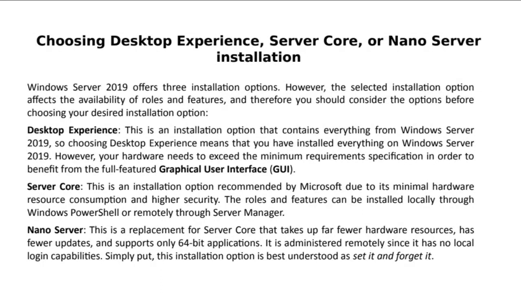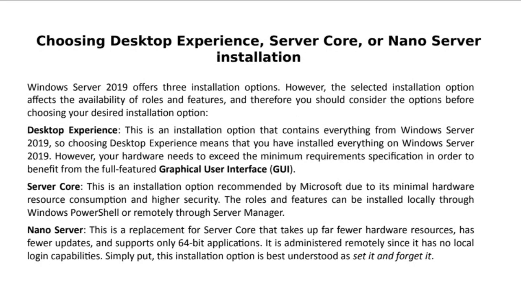So we have the desktop experience. Desktop experience has everything. So everything will be there on your screen, on your server. The GUI interface, all the utilities. But you should have very good hardware to support this. Don't bring minimum hardware and then install desktop experience.